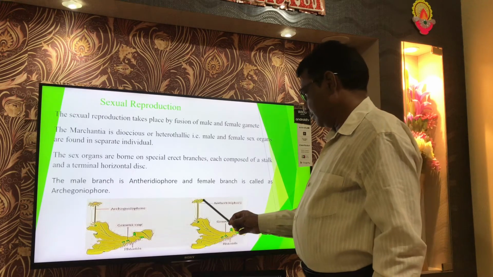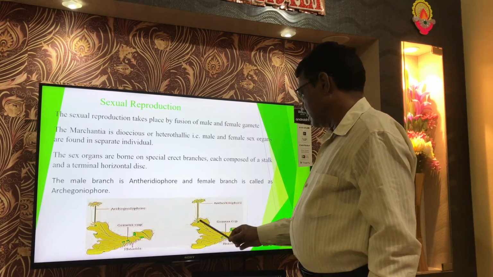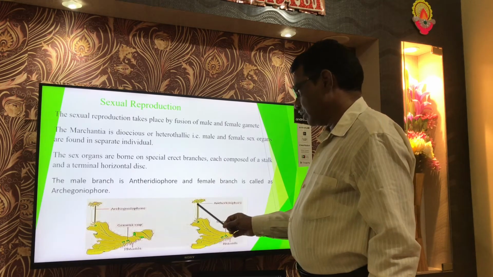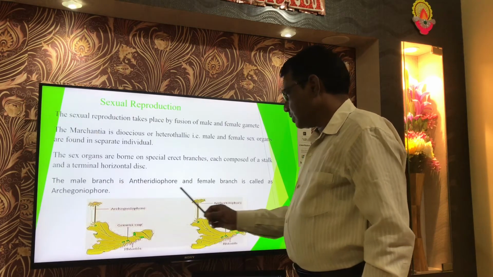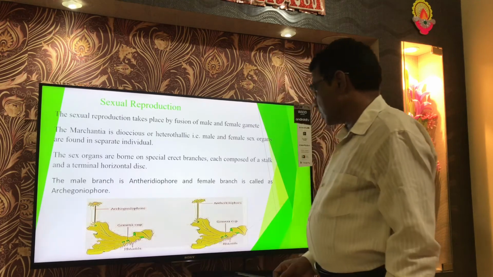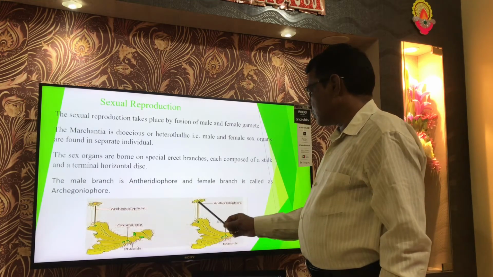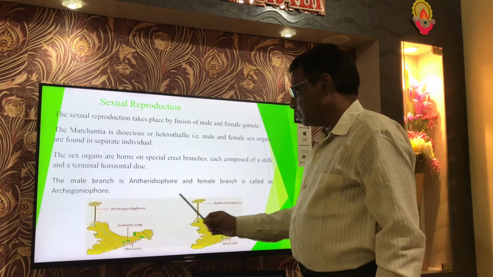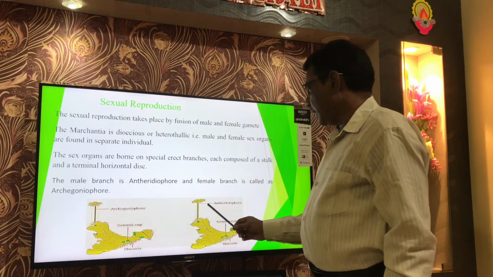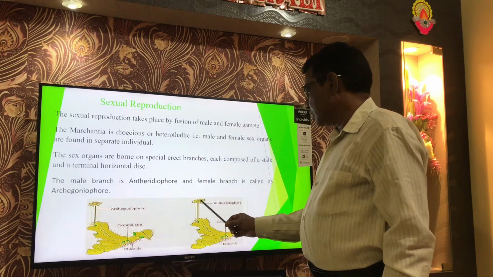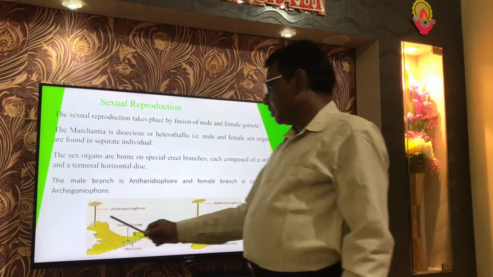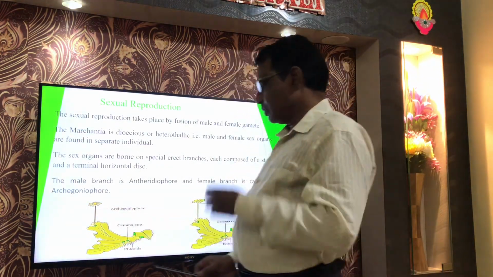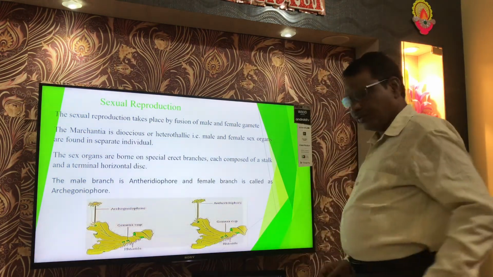Whether it produces male or female sex organs, accordingly this stalk is called antheridiophore or archegoniophore. The antheridiophore at its tip bears a number of antheridia, and the archegoniophore at its tip produces a large number of archegonia, which are the female sex organs.